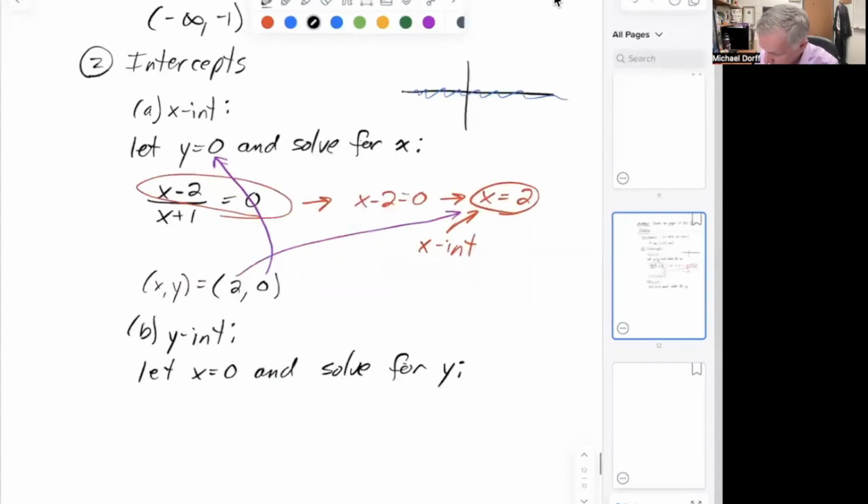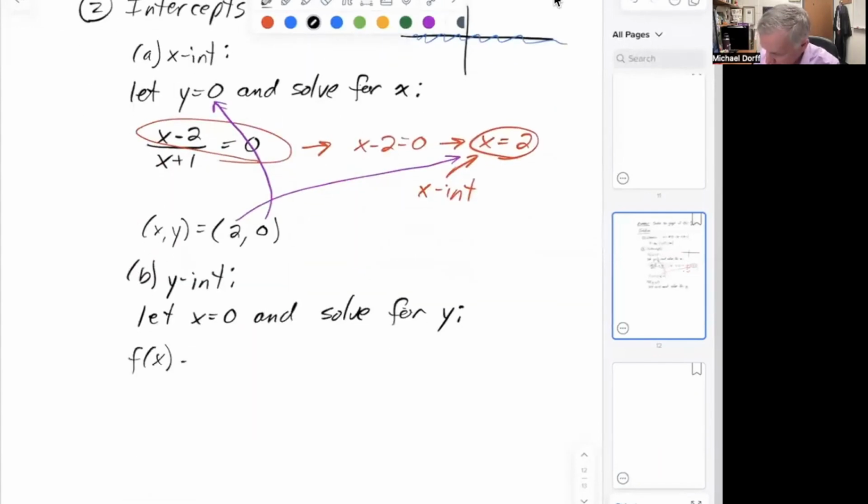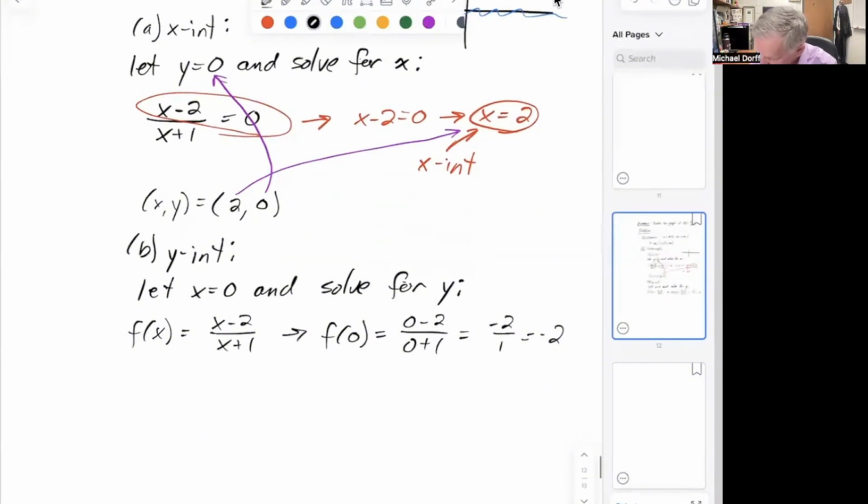Remember my function again was x minus 2 over x plus 1. So we have now f of 0 is 0 minus 2 over 0 plus 1, and I get negative 2 over 1, or negative 2. Then this negative 2 is my y-intercept. Make sure I emphasize the negative 2 there.